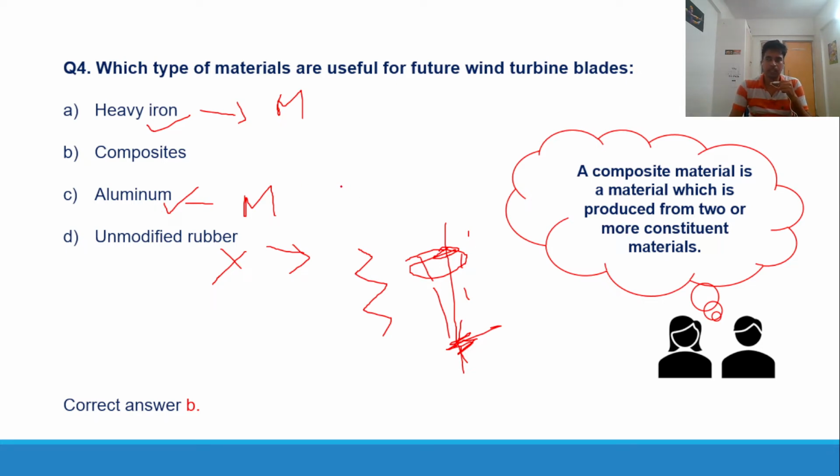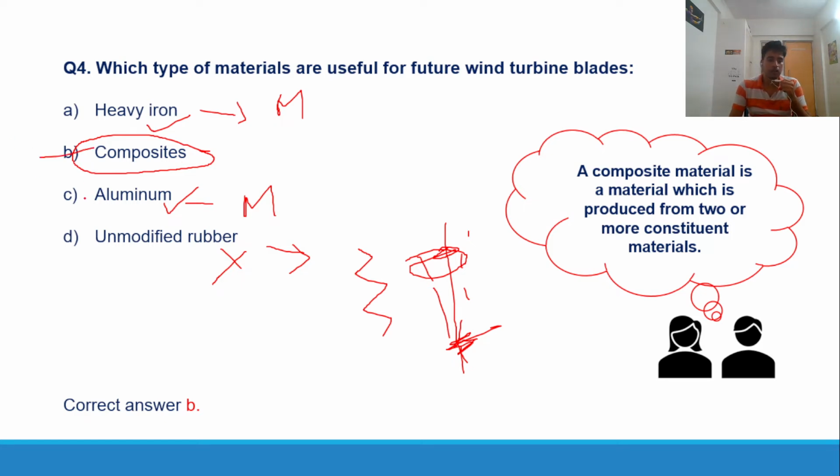But nowadays cost is also an important factor, along with strength. So what we see these days is that composites are replacing the metals in wind turbines. Now we understand that composite is the correct answer.